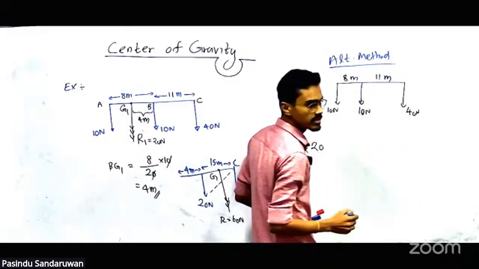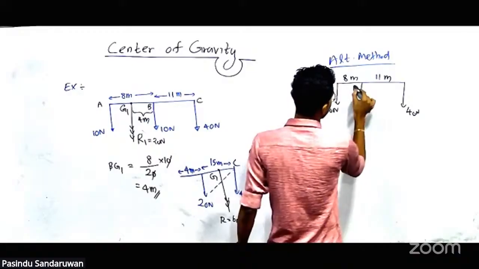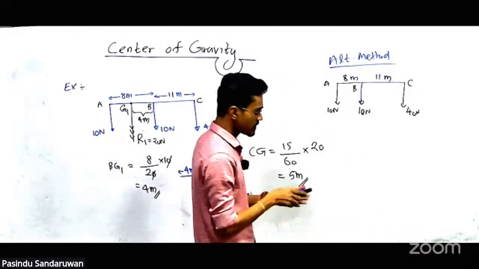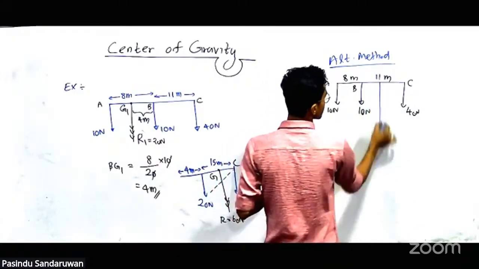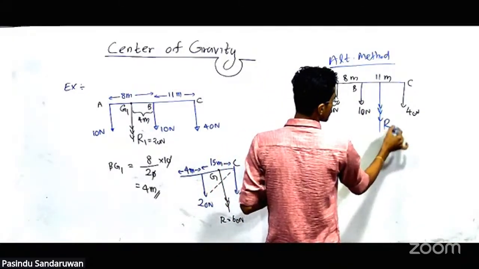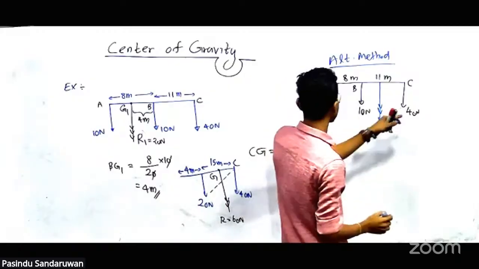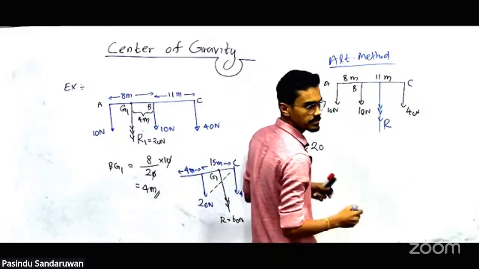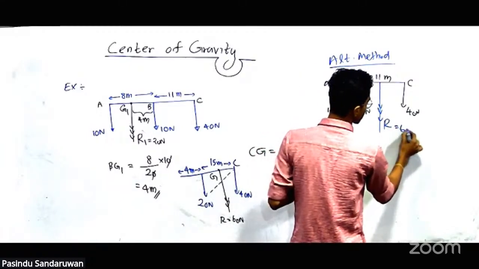This was given, A, B, C. And I asked the distance to the resultant from C. So mark the resultant at once. Here. We don't know where, somewhere here. What is the resultant of all three? 10, 10, 40, that is 60.